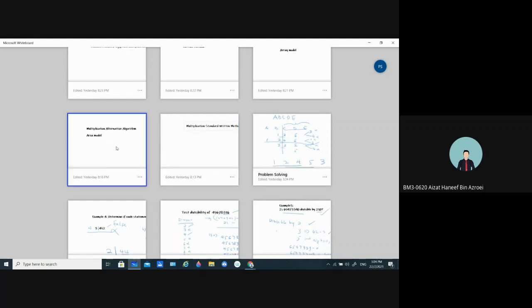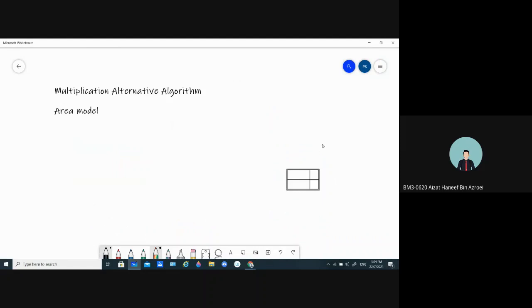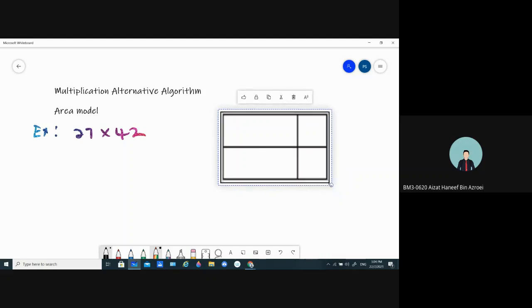Now we look at the area model. This is very visual. Let's look at the example 27 times 42. Whenever you look at multiplication of two numbers, you must always think of a rectangle, the area of the rectangle.